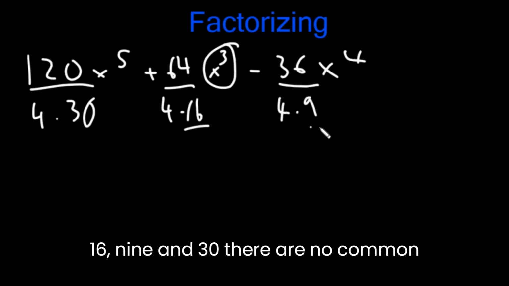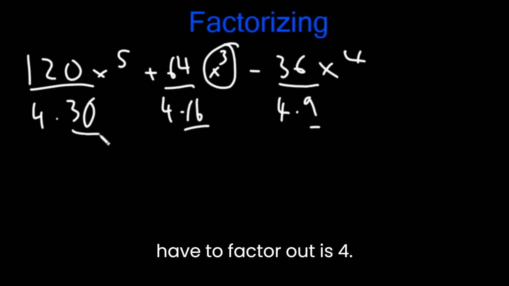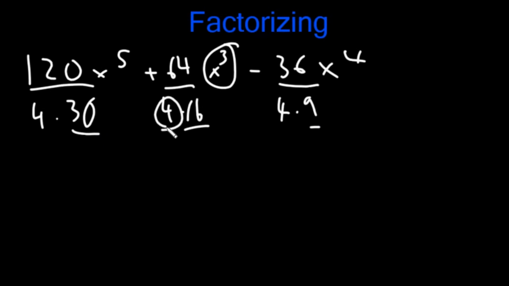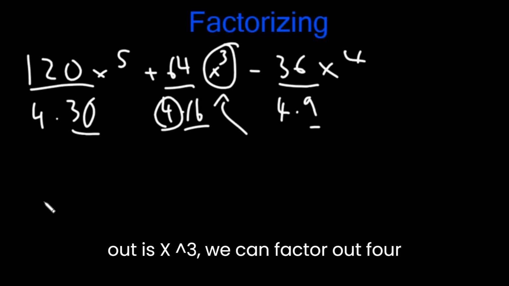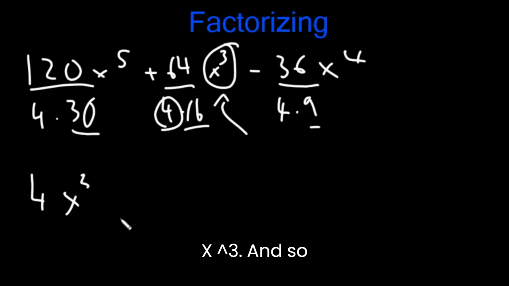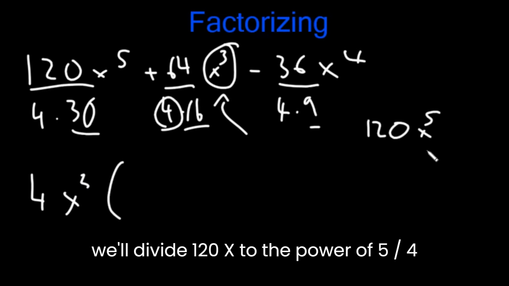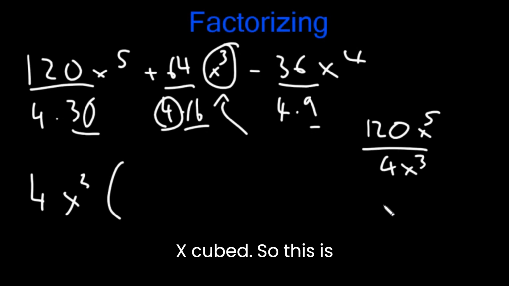And between 16, 9, and 30, there are no common factors. So we know the number that we have to factor out is 4. And we know the x that we have to factor out is x cubed. So we can factor out 4x cubed. And so we'll divide 120x to the power of 5 by 4x cubed.